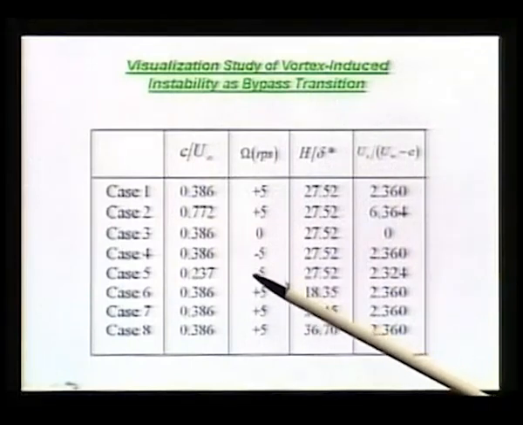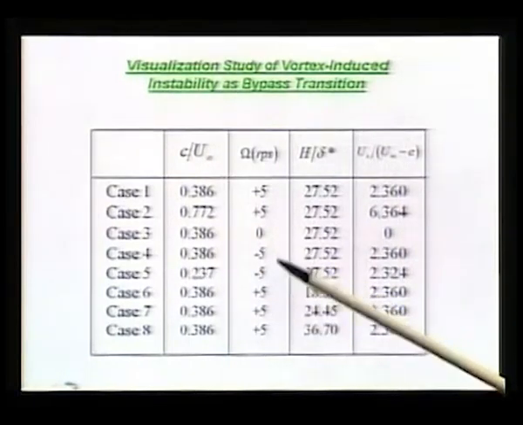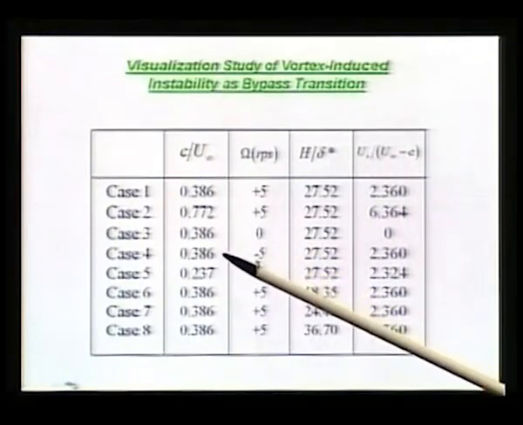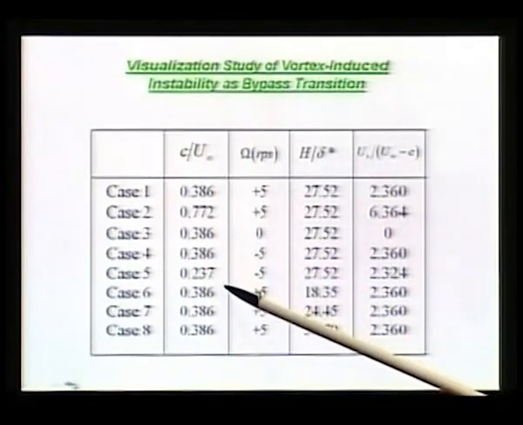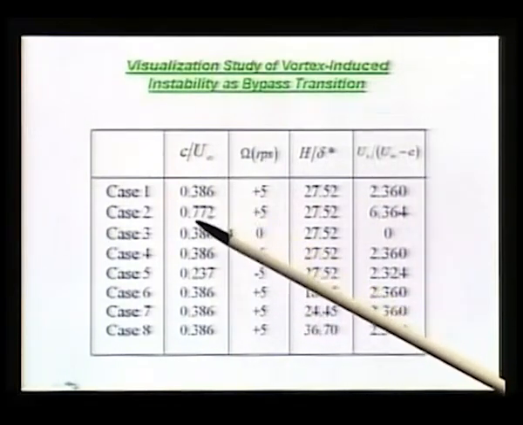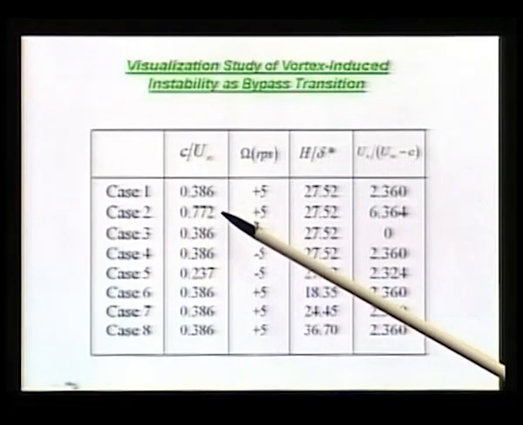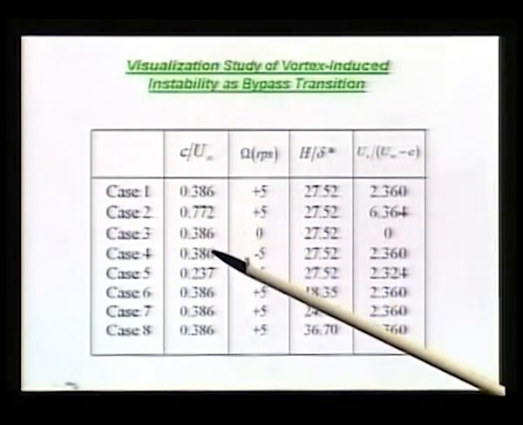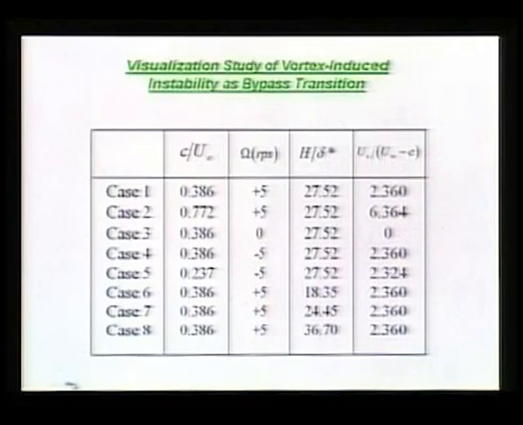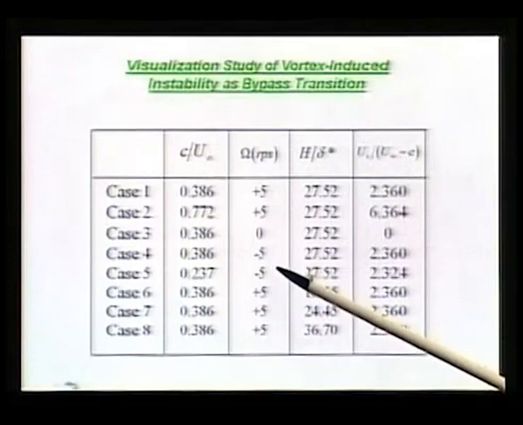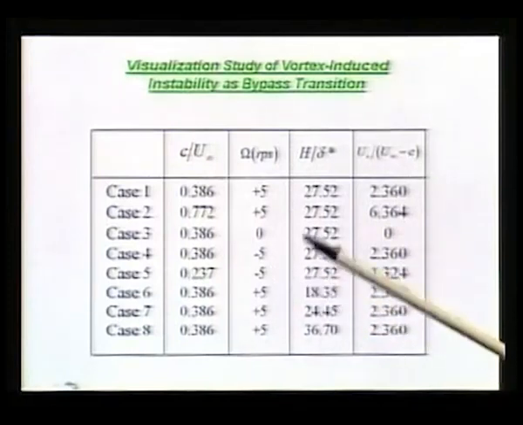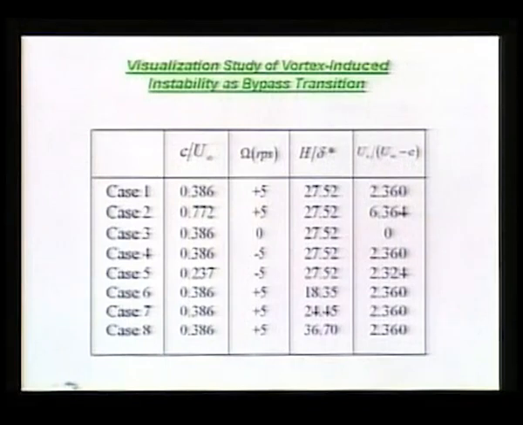Cases 4 and 5 corresponded to clockwise rotation of the cylinder at the same rotation rate. The speeds were kept lower because we will see that this is not very receptive. So, in this case the cylinder was rotated in the opposite direction, and you created a captive vortex of opposite sign, while the other parameters remain the same; we wanted to see what happens with a different vortex effect.